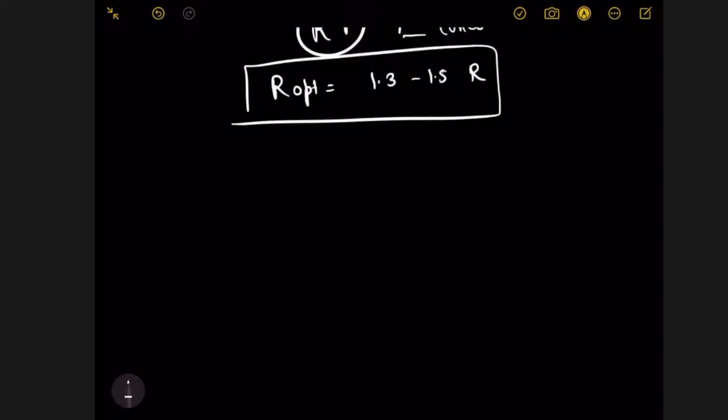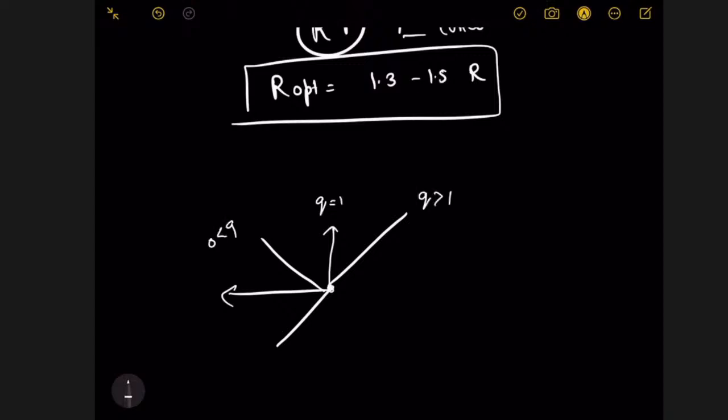And the most important thing is the lines we should remember here. Here Q is equal to 1, here Q is greater than 1, here Q is between 0 and 1, here Q is 0, here Q is less than 0. So this is important. If it is 1, it means saturated liquid.